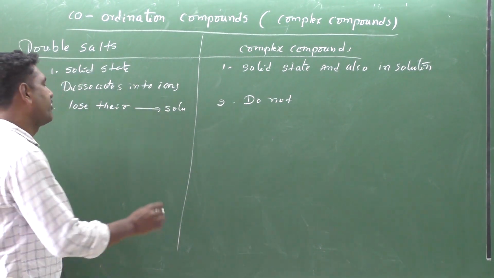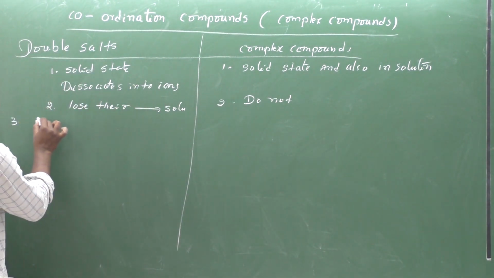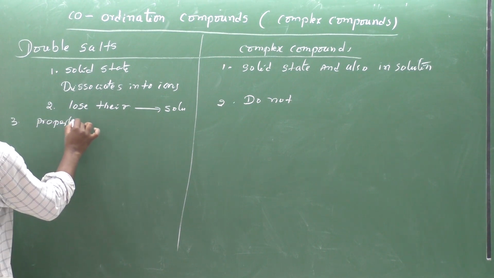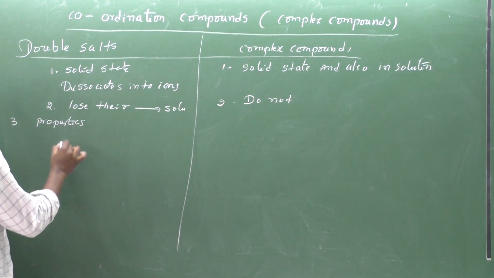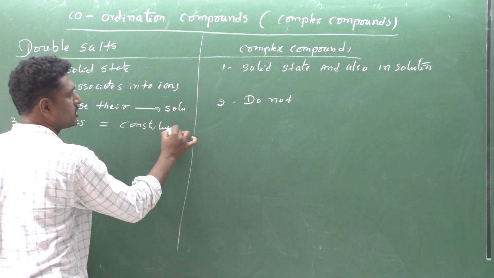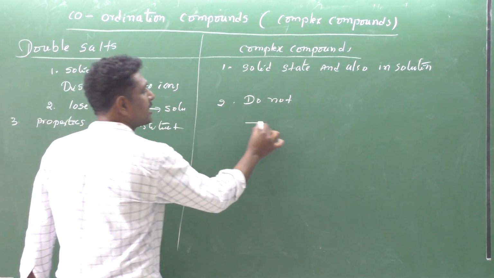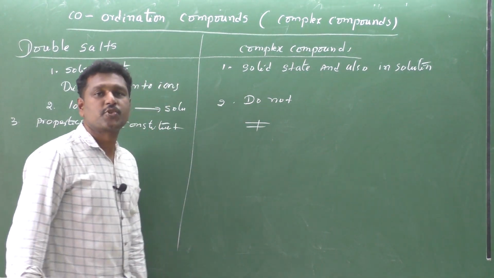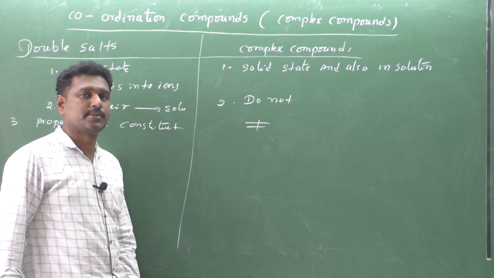So the properties of these double salts are equal to the constituent molecules, but the properties of complex compounds are not equal to the constituent molecules.